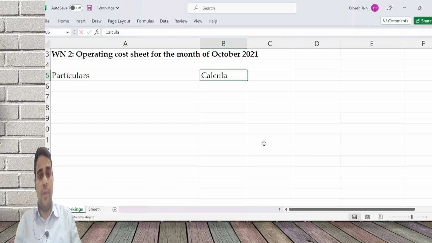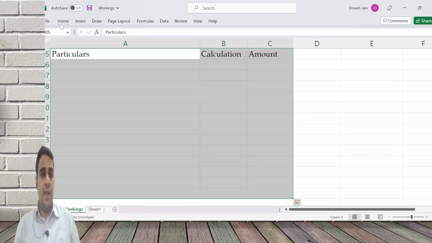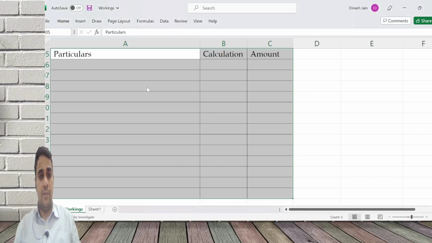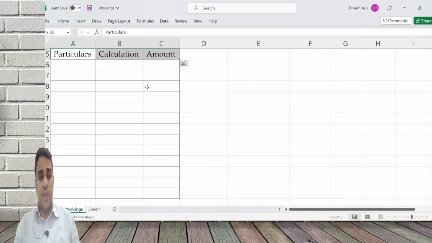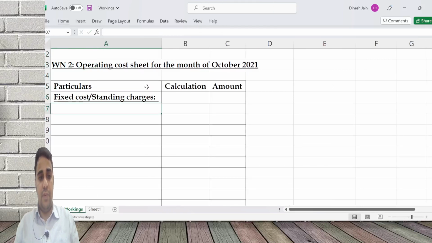Particulars, calculation, amount. I think this question has lots and lots of expenses, so we may need more space here. The number of expenses seems to be on the higher side. Cost sheet has to be for 25 buses. The question is very clear. Fixed cost, standing charges. Maybe some 10 to 12 lines gap.